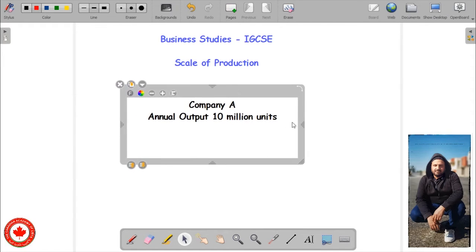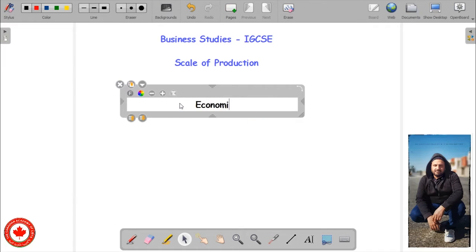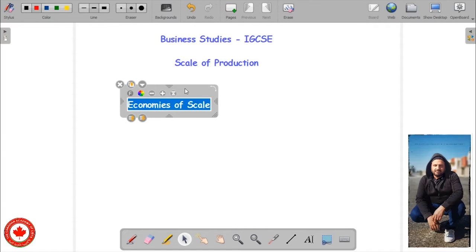So first, we'll talk about the economies of scale. Mainly, there are 5 economies of scale to talk about. There's 5 of them.